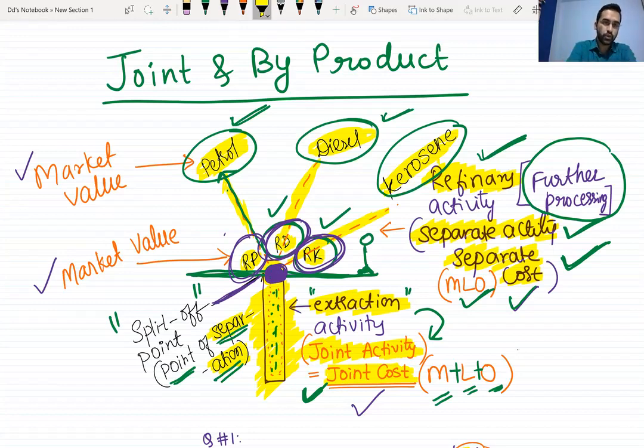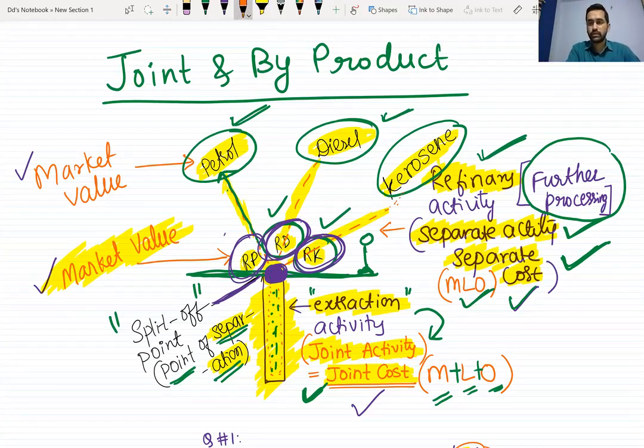This can be sold. There is a market value right here. Draw the arrow mark. Yes. If you decide not to sell, then you can do further processing.